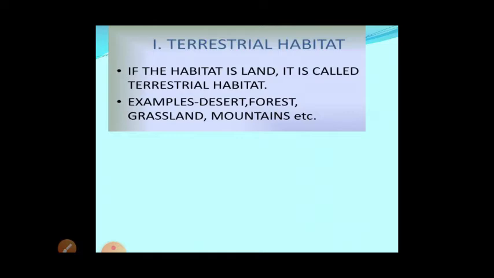The terrestrial habitat can be divided into different types like forest habitat, desert habitat, plain land or grassland habitat, and mountain habitat. Terrestrial is another way of saying land.